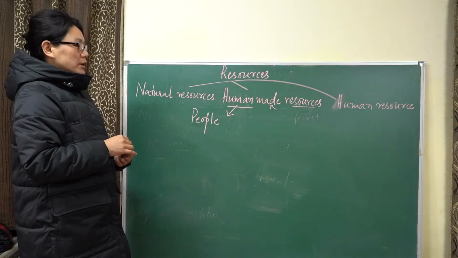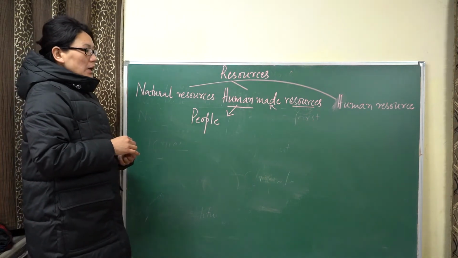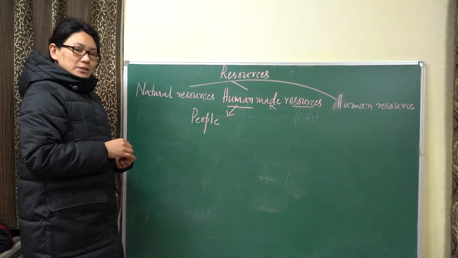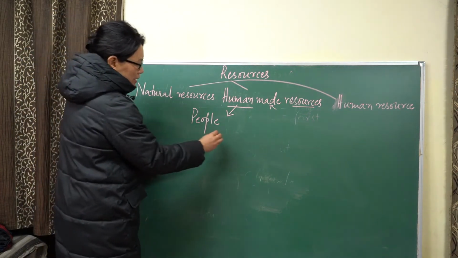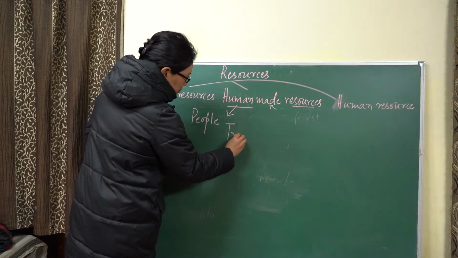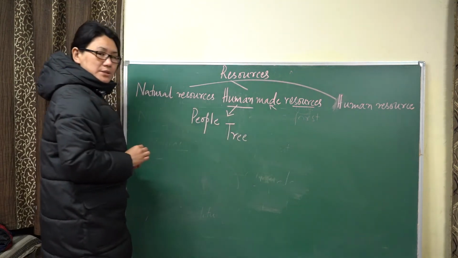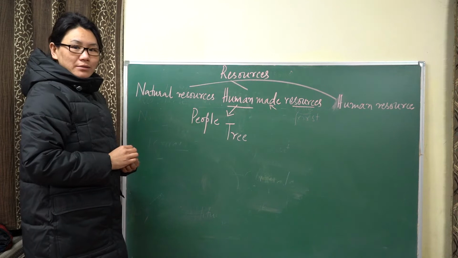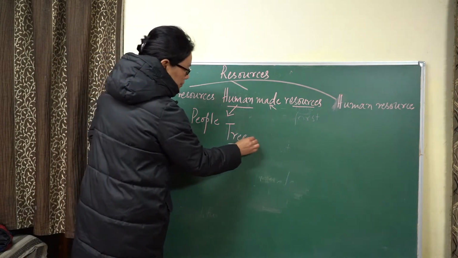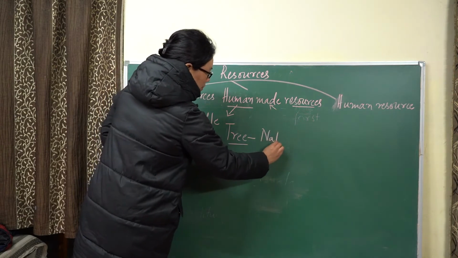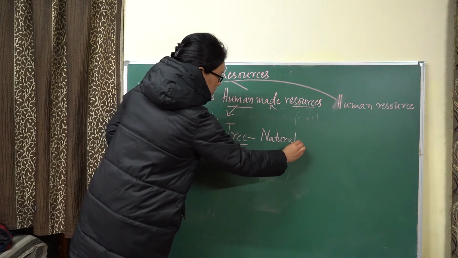Alright? Okay. Now, in this, again, I'll take one example here. Very simple example. What is this? It's a tree. Right. Now, tree, natural resources.